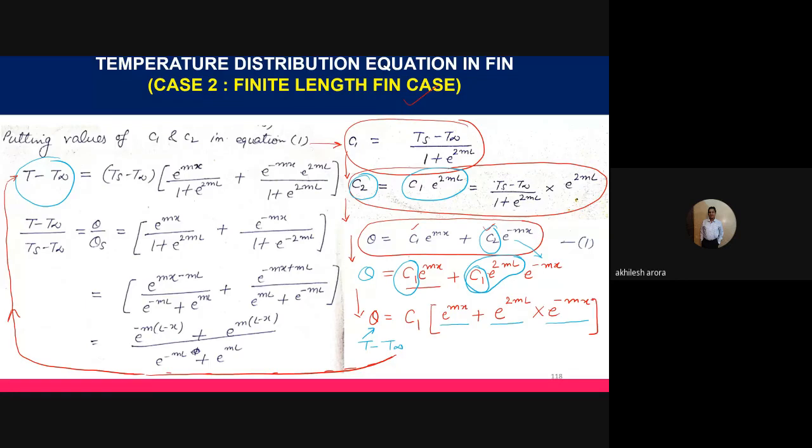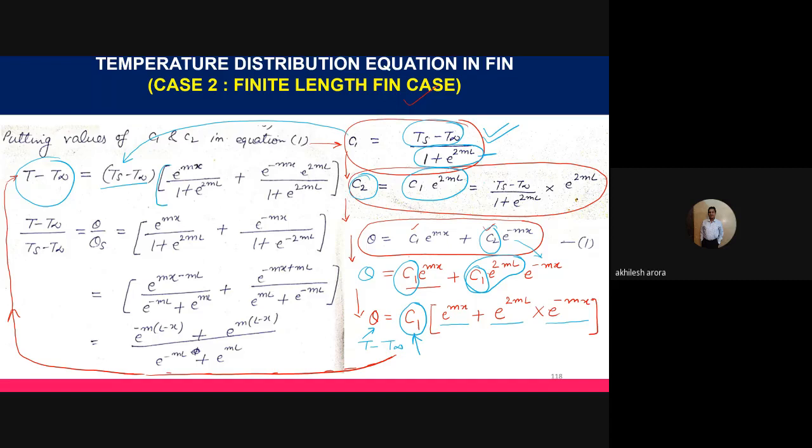Now we have to put the value of c1. What is the value of c1? Just see it here. It is Ts minus T infinity divided by 1 plus e raised to power 2ml. So I have to put the value of c1 first of all, and the 1 plus e raised to power 2ml I have taken inside actually.